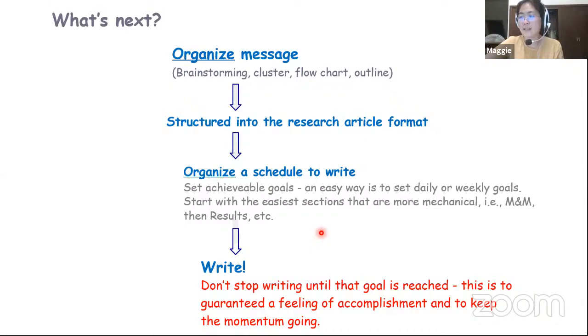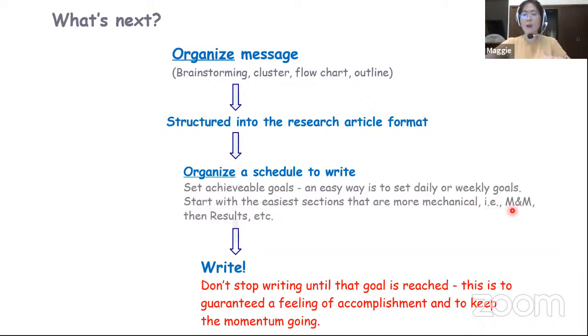Start with the easiest sections that are more stylistic. For example, writing the materials and methods, and then write the results. Usually, for most students, the materials and methods should be the easiest section to start with, because you have already finished the experiment.